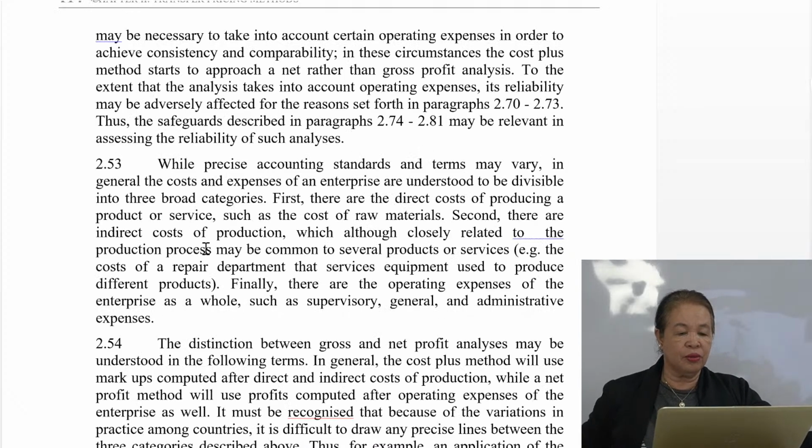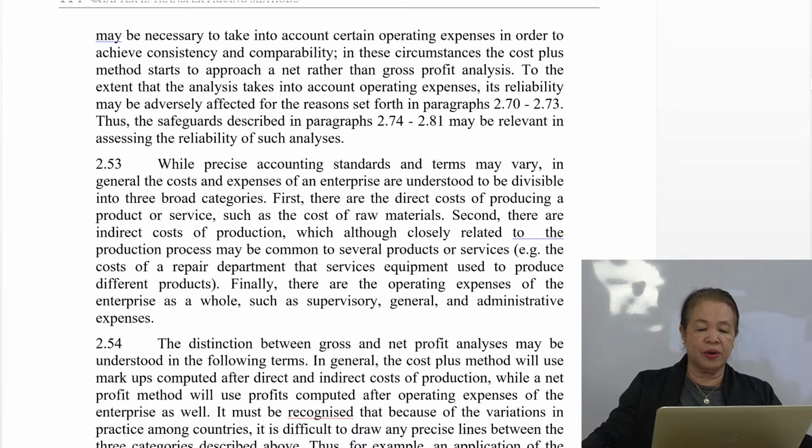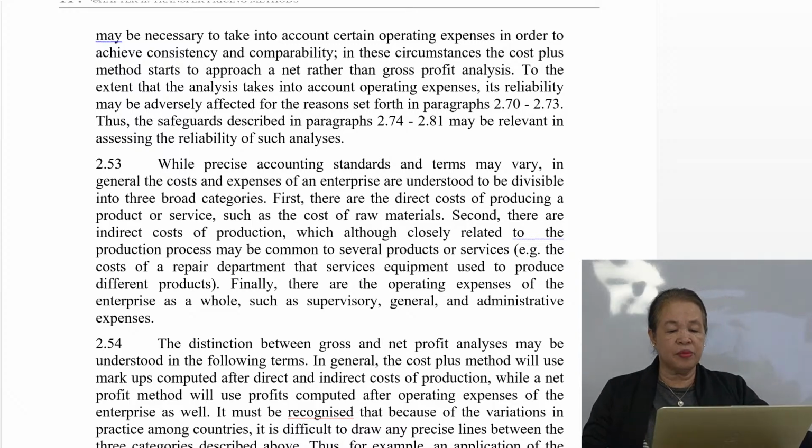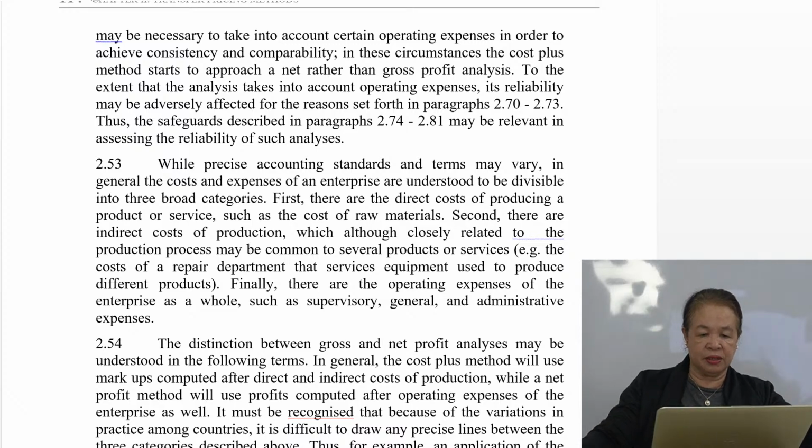So yun yung unang category, which although closely related to the product, common to several products or services. Like the cost of repair department that services equipment used to produce different products. Finally, there are the operating expenses of the enterprise as a whole, such as supervisory, general, and administrative expenses. Okay.